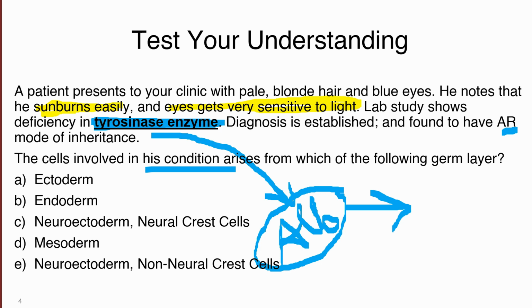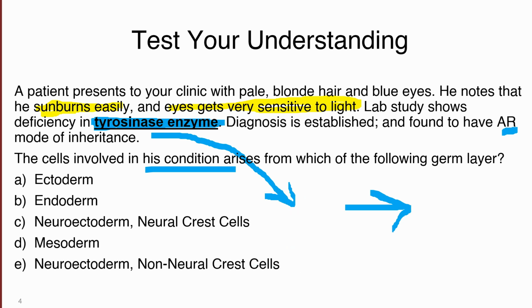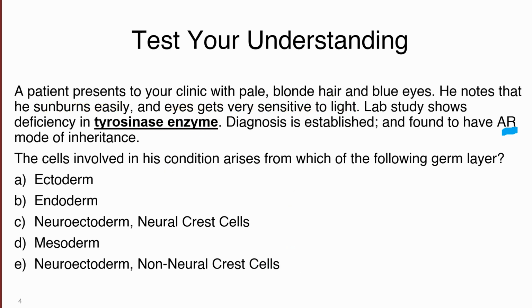From our mnemonic MOTEL PASS, the first M is melanocyte cells. That's why this person is deficient in melanocyte cells, and we know that melanocytes are derived from neural crest cells. That's why our answer would be option C, neuroectoderm, that is neural crest cells.